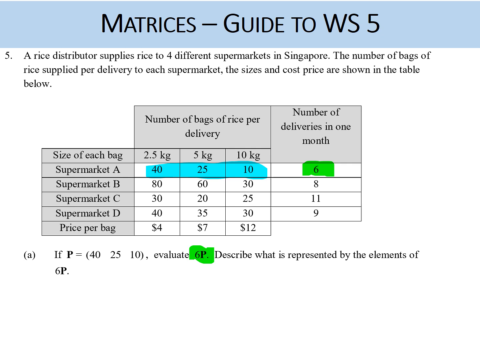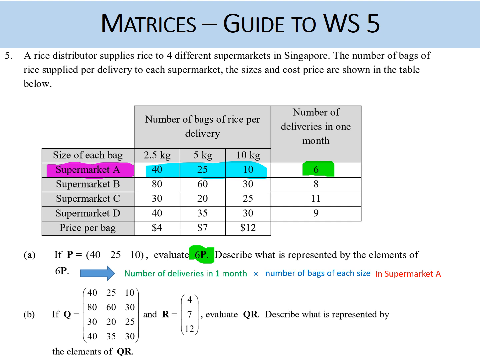Now, you notice all this information, it is all referring to supermarket A. So you have number of deliveries in 1 month, and then multiply together with the number of bags of each size. And as I mentioned, all this referring to supermarket A. So therefore, when you describe, you should mention supermarket A.